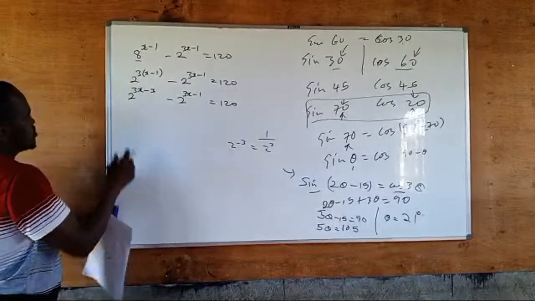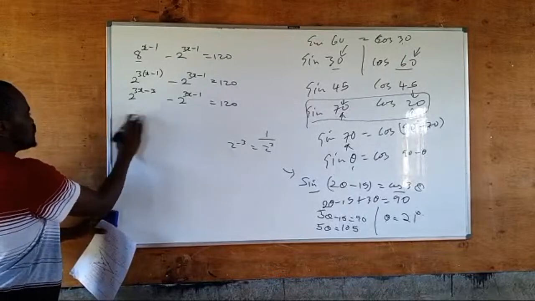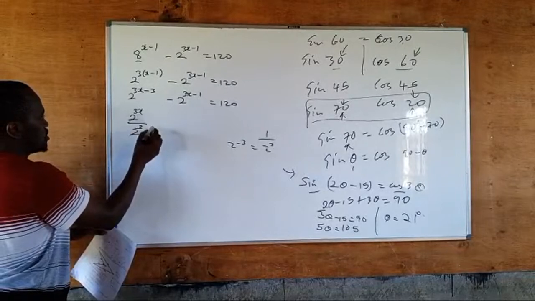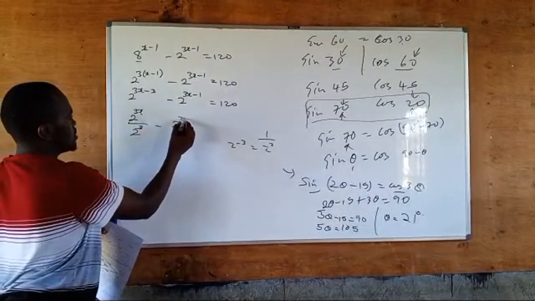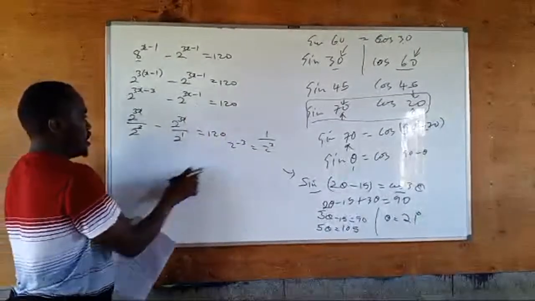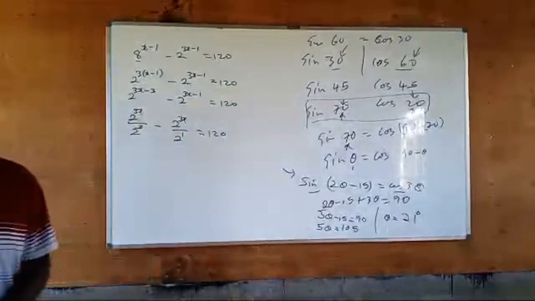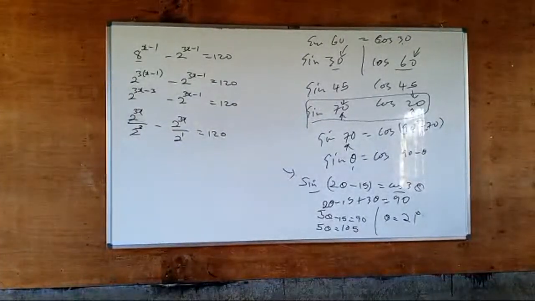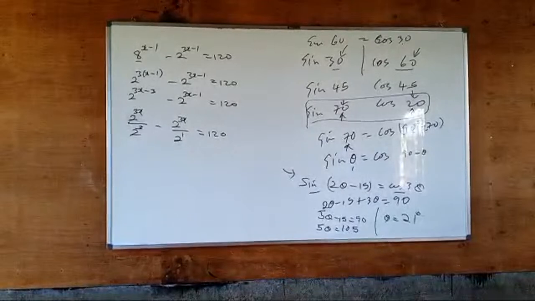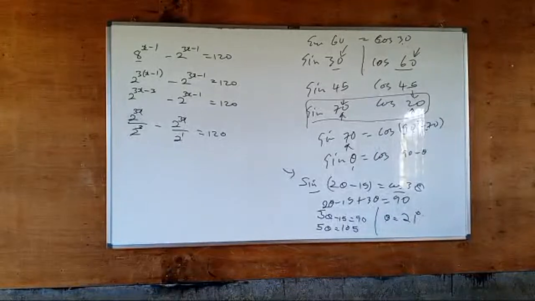Anyway, I just wanted to demonstrate that 2 to the 3x over 2 to the 3 minus 2 to the 3x over 2 to the 1 is equal to 120. This is the form of indices.